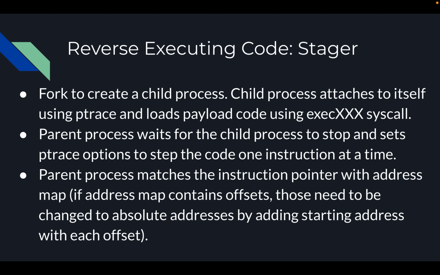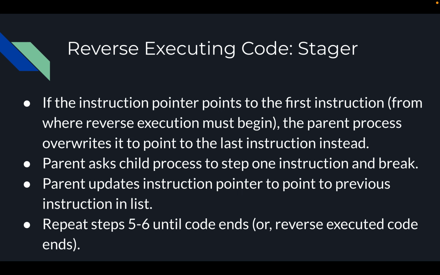If the instruction pointer points to the first instruction where reverse execution must begin, the parent process overrides it to point to the last instruction instead. The parent asks the child process to step one instruction and changes the parent process instruction pointer to point to a previous instruction in the list, and repeats the last two steps until the reverse executed code ends.